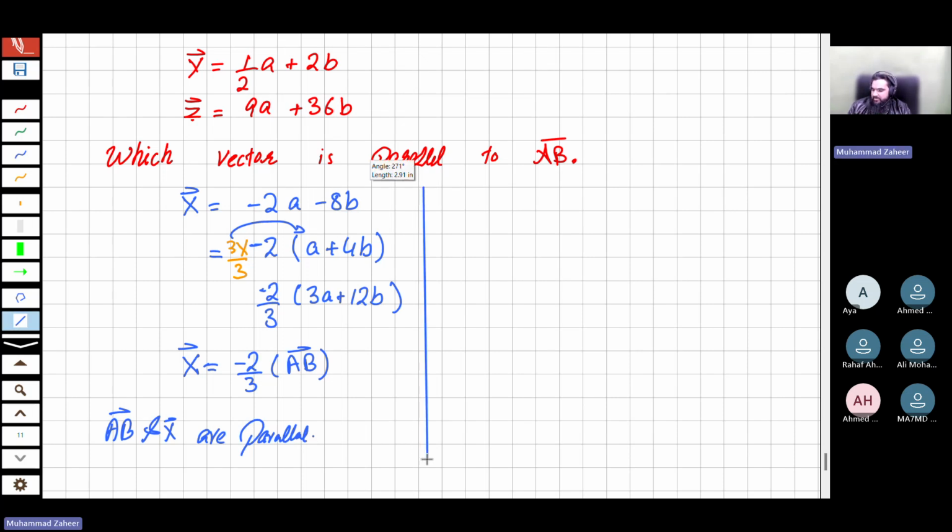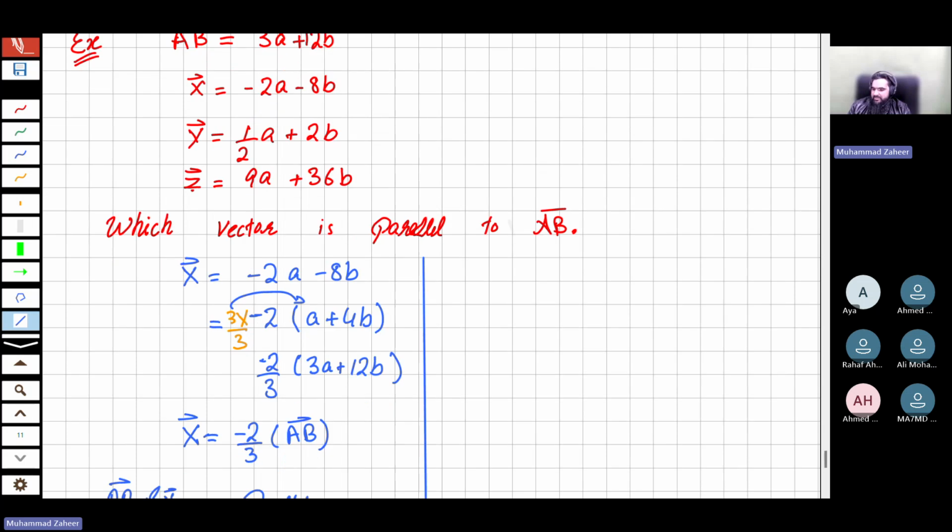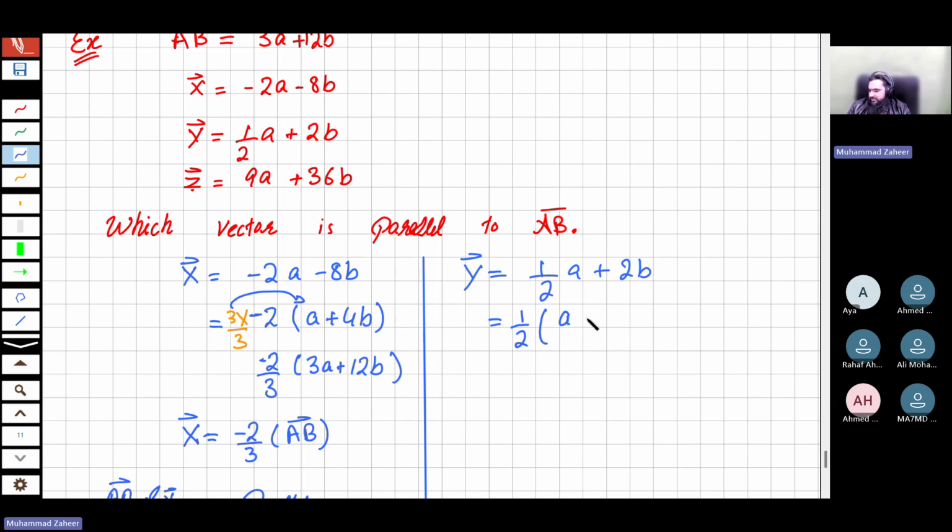Now, in the same way, we check the other one. Let's check y. We have y equal to 1 over 2a plus 2b. First of all, I take 1 over 2 as common to make a as 1. So it will be a, and 2b will become 4b.